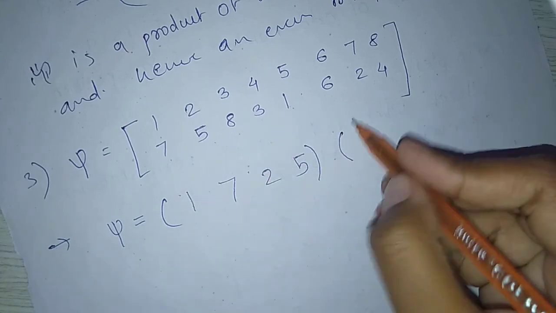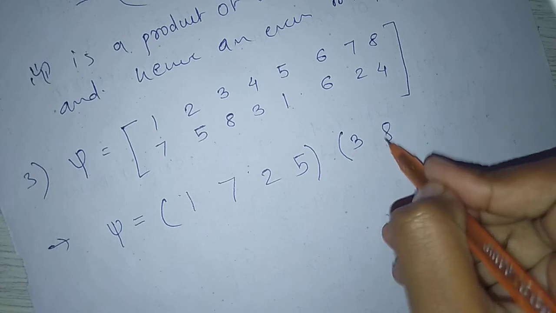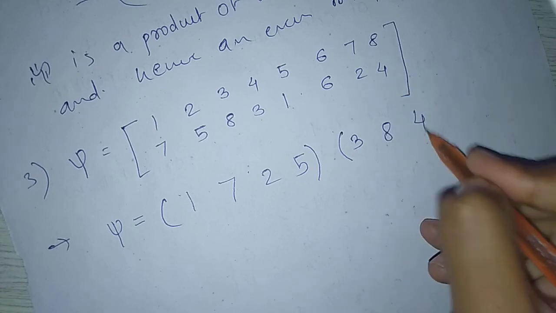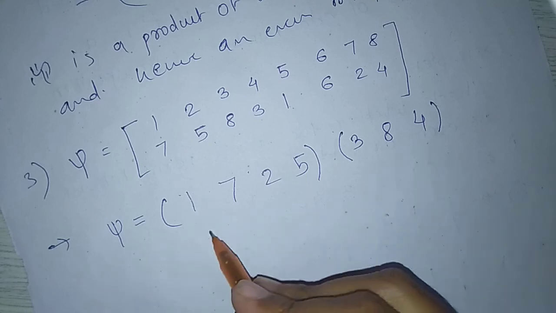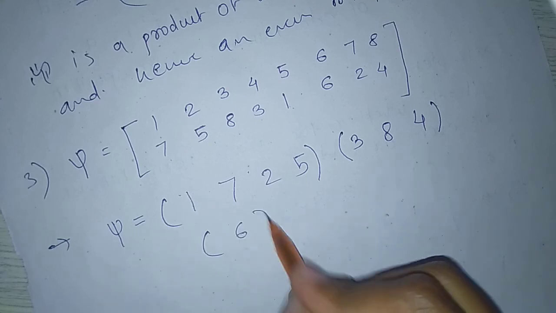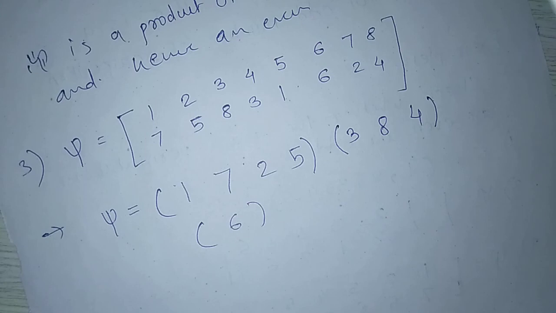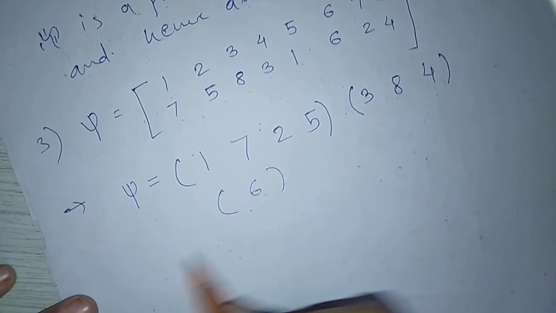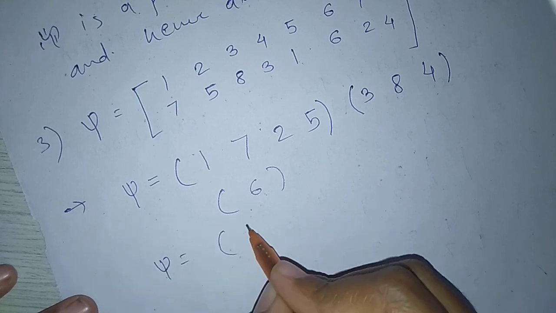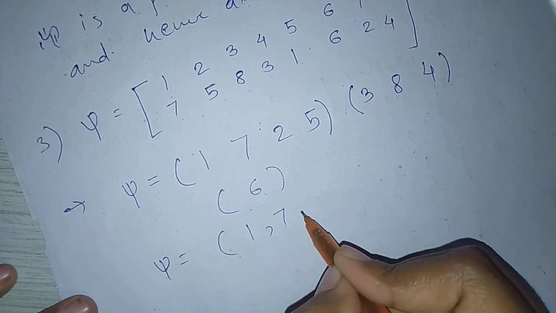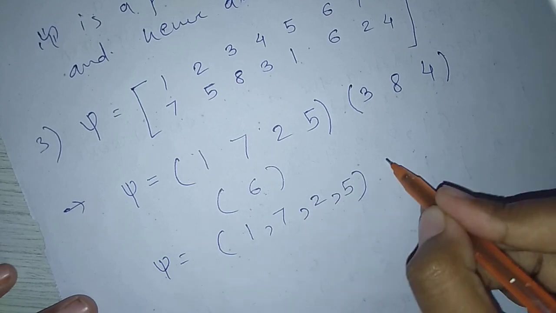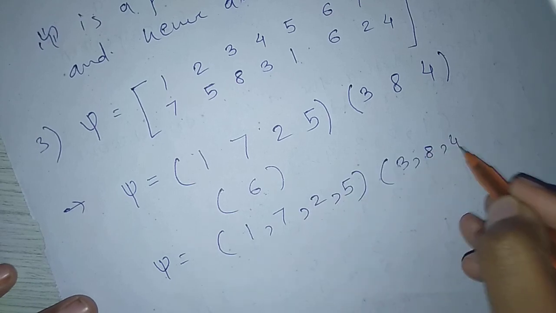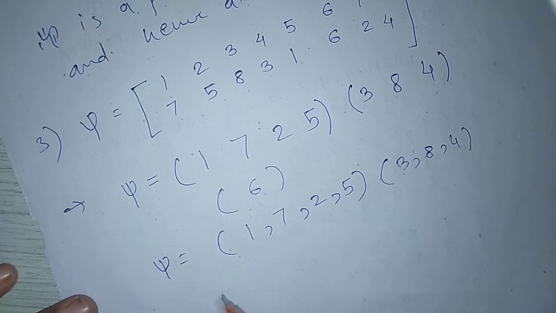Next, 3 goes to 8, 8 goes to 4, 4 goes to 3, so we stop here. 6 goes to 6, so we omit it. So psi equals (1 7 2 5)(3 8 4).